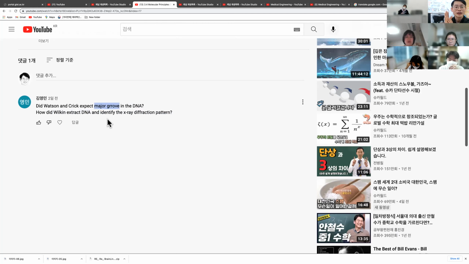So I would say when Watson and Crick first discovered it, I don't think they were correct in every aspect. But the reason why we value them is they made the first correct structure of the double helix.